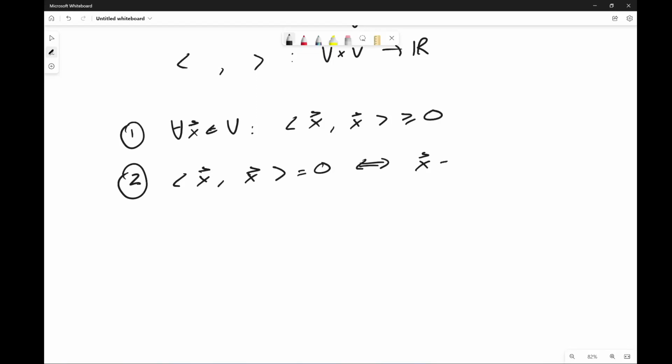So we know that the inner product of x and x is going to be equal to 0 if and only if x is equal to 0.